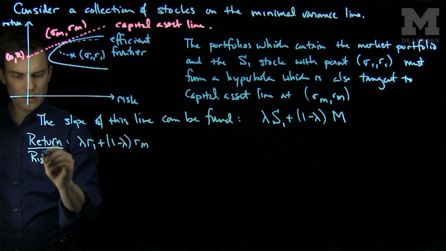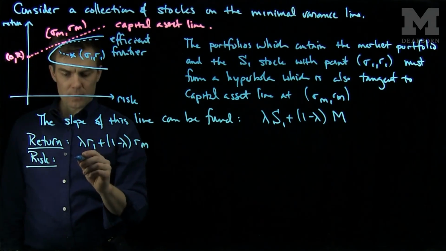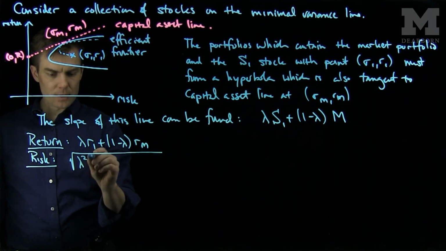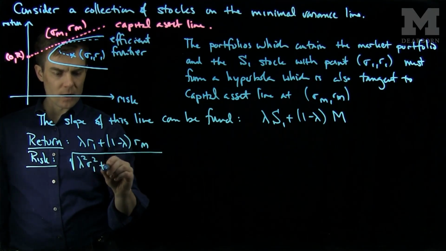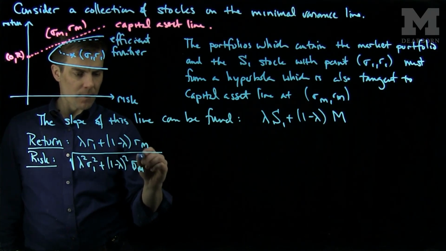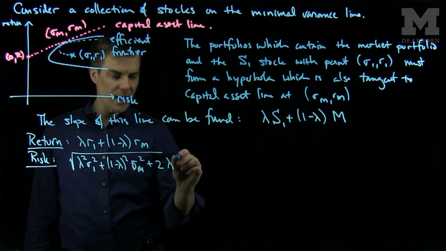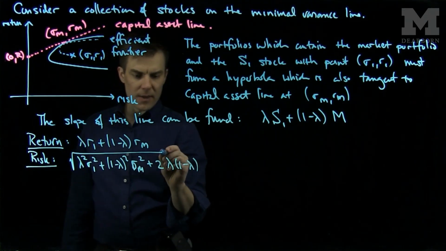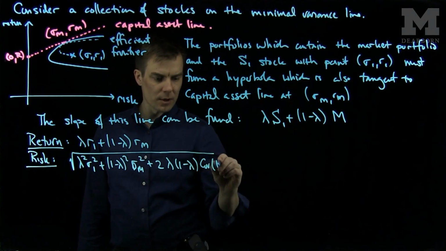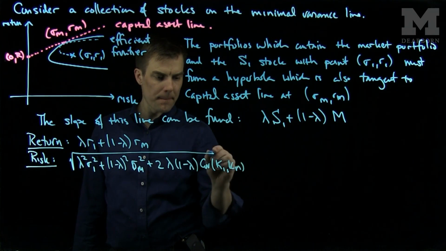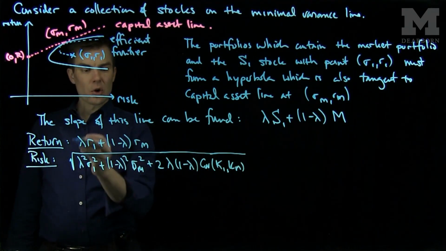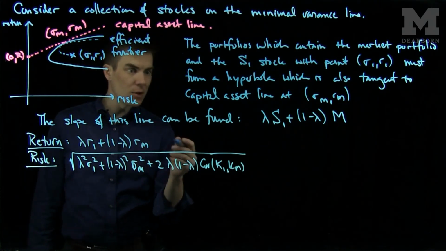And the risk will be the square root of lambda squared sigma 1 squared plus 1 minus lambda squared sigma m squared plus twice lambda 1 minus lambda, and then the covariance of the return k1 and km. And what we seek to do is find the slope of the line between these 2 points at lambda equals 0.